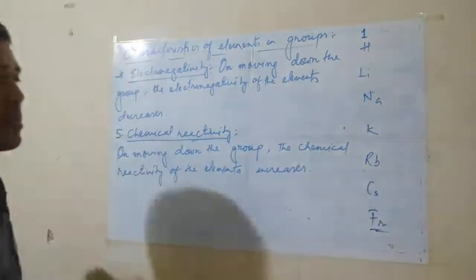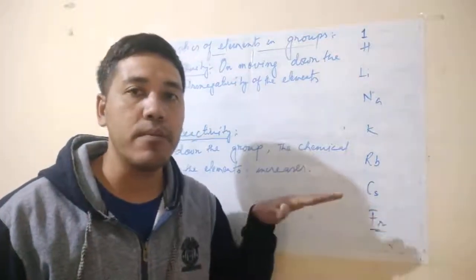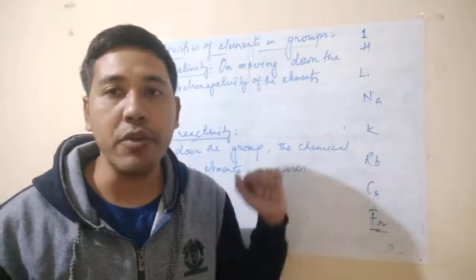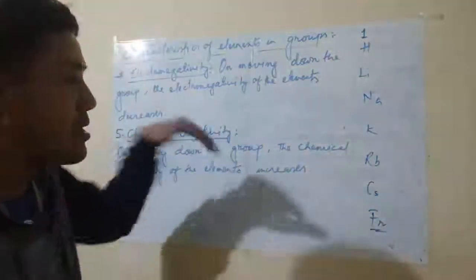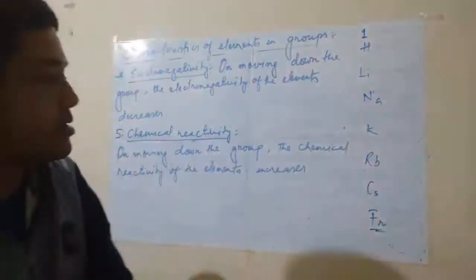We all know that francium, the bottom part of the elements present in the modern periodic table, are radioactive elements. They are highly reactive elements, right? That is why on moving down the group, the chemical reactivity of the element increases.